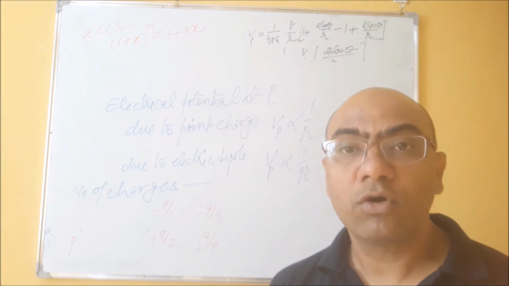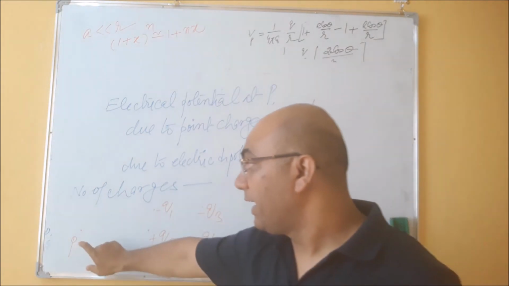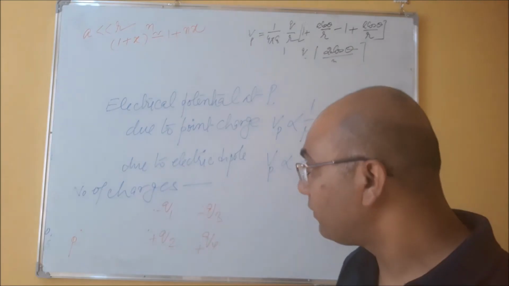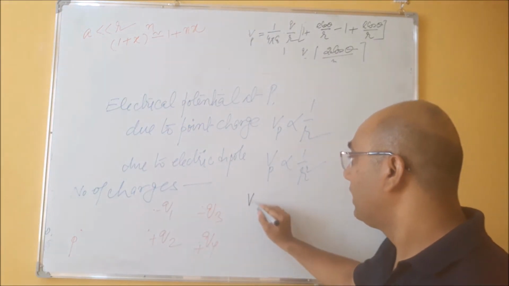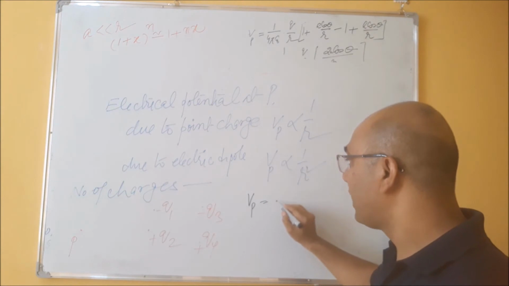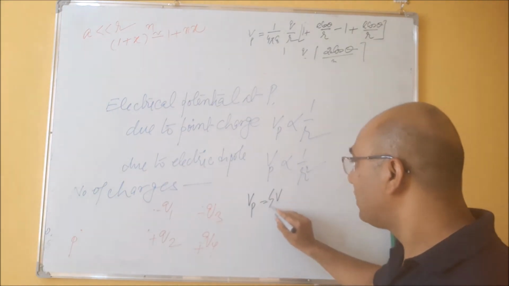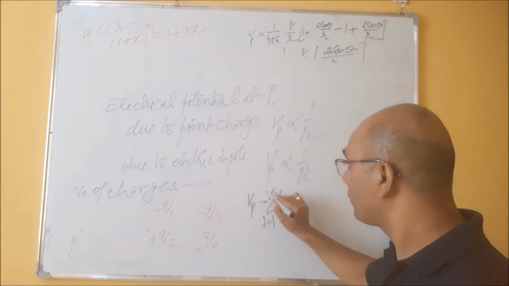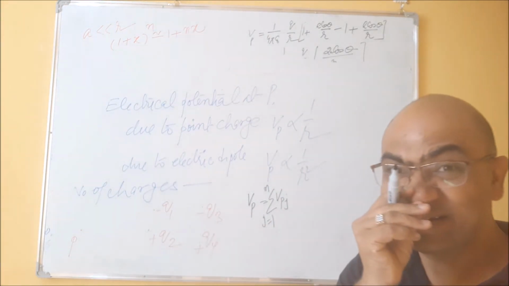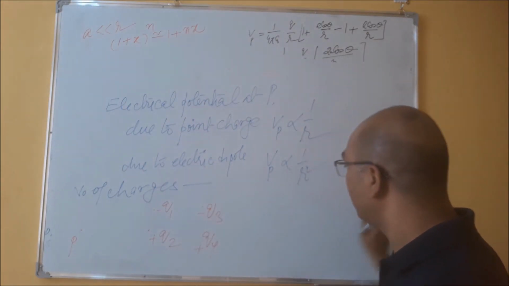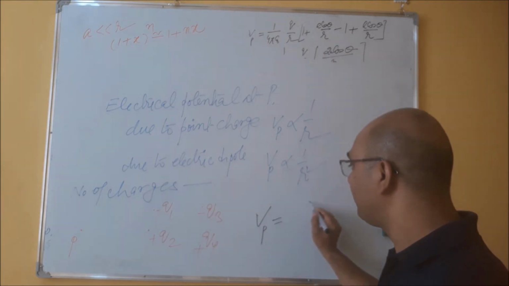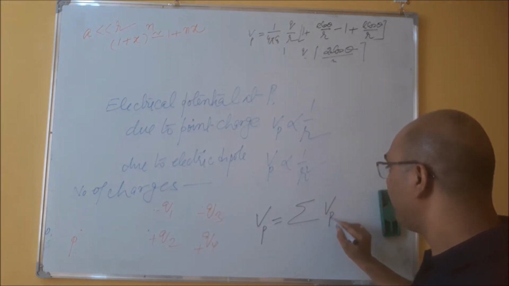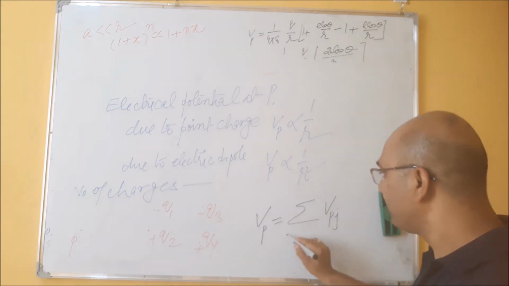So the overall value of electric potential at point P is given as the algebraic sum of the potential due to each charge. Let me write first and I'll explain.